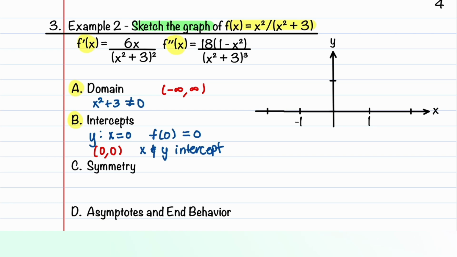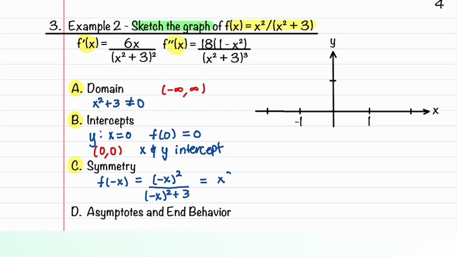Now let's think about symmetry. To find the symmetry, we need to calculate f at minus x. So wherever we have an x in our function, we're going to plug in minus x. This gives us a minus x squared, all divided by minus x squared plus 3.